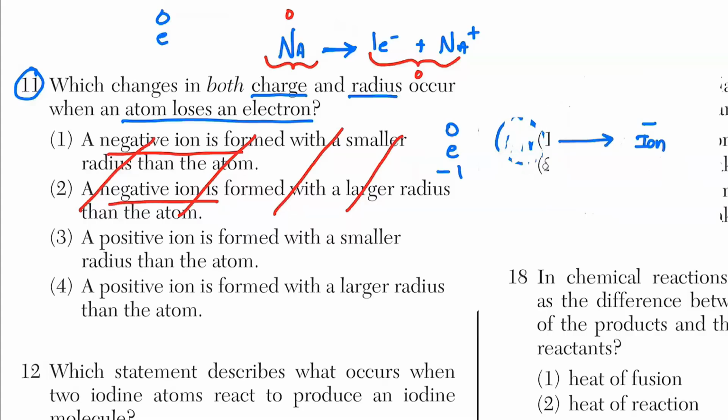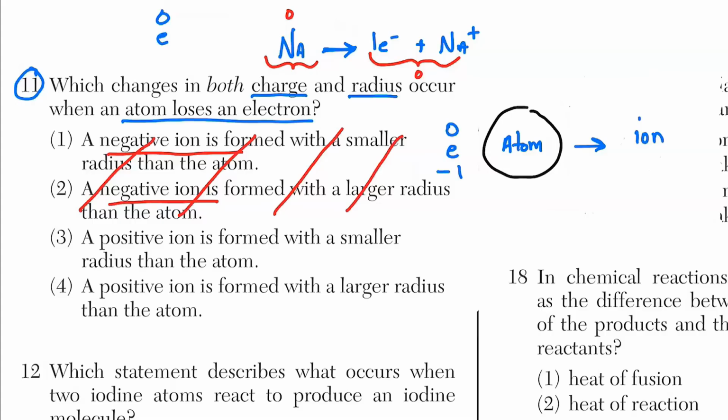So let me redraw the atom, in a way that I can go bigger or smaller with it. Here's my atom, and then we're going to go to an ion. In this case, it's a positive ion. You may have called it a cation. Now, does it get bigger or smaller?